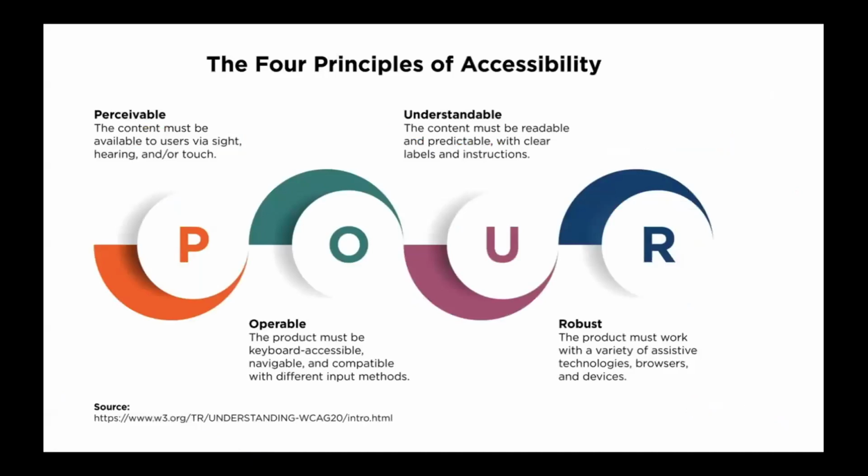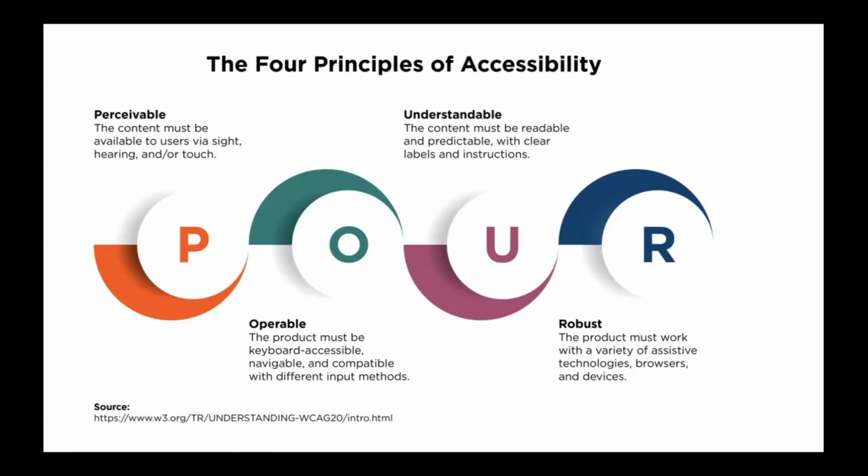So it was already mentioned in the previous presentations, but here are the 4 principles of accessibility for web content. The things that we make should be perceivable, which means you should be able to experience them both by sight and also by hearing through a screen reader.